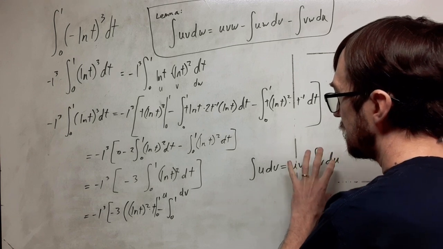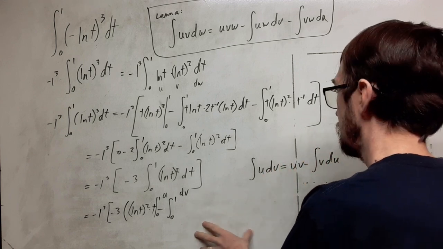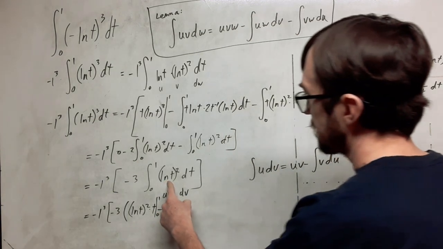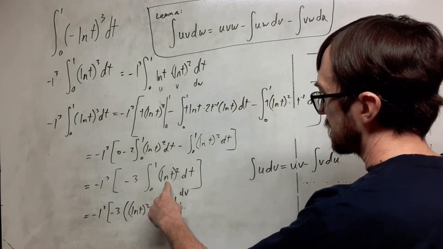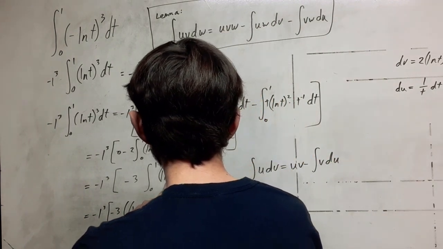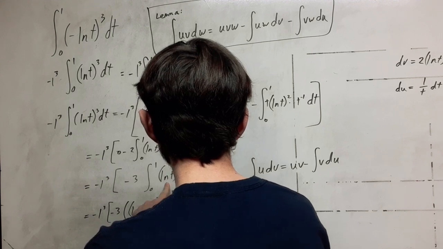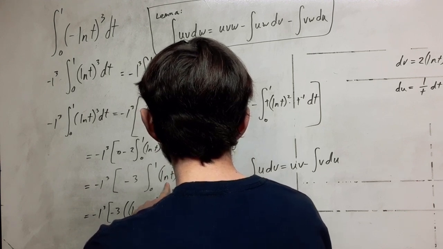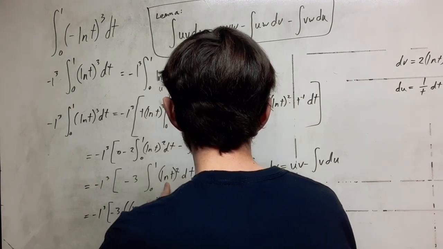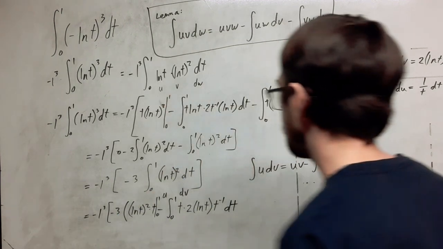And we have v. V is t. We're going to take the derivative of log t squared, which is going to give us 2 log t inverse dt.